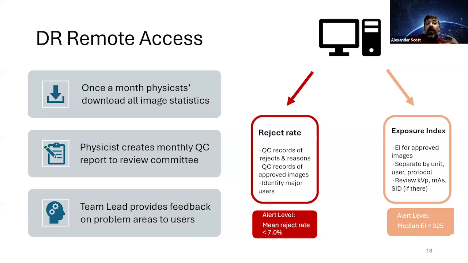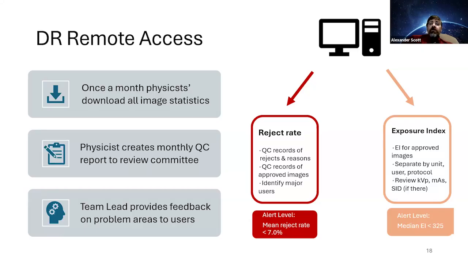So how this works in practice, once a month, the physicist collects the data remotely from each X-ray computer system. So I'm managing 63 different X-ray systems at a lot of different sites, and fortunately, it's mostly managed through automatic software at this point.